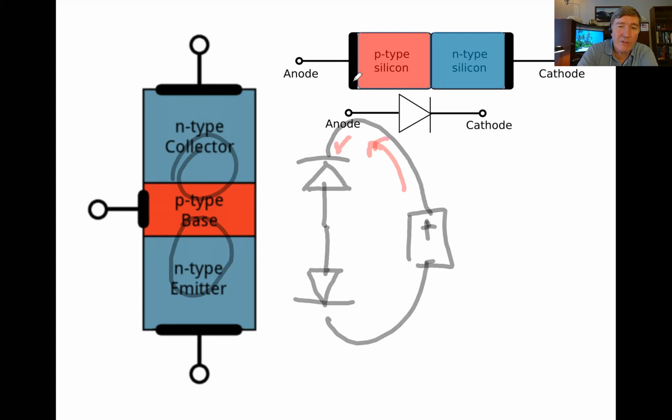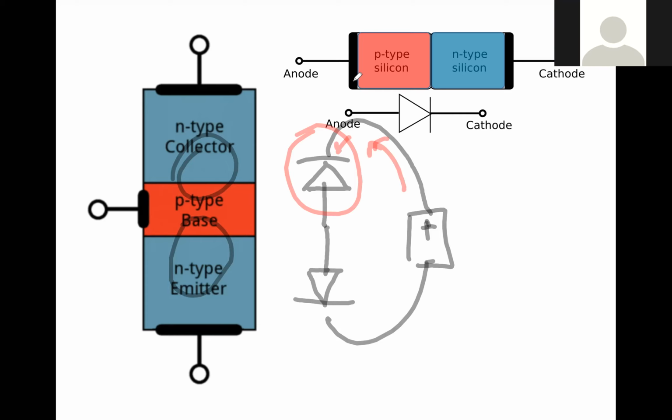So when the current comes to this diode right here, is that diode going to let the current through? Answer: no, because this diode only lets current flow this way. If we try to flow through it this way, the diode's going to say, nah, not going to allow that to happen.